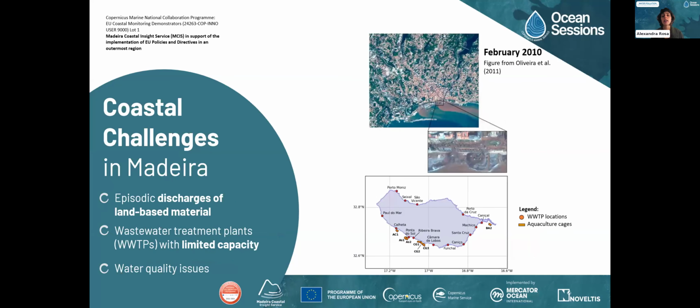This is particularly relevant during intense or extreme precipitation events, such as the one that occurred in February of 2010, when extreme precipitation reached the island, leading to landslides in the high parts of the island, and then downstream to flash floods, which formed a coastal brown plume in the coastal area. A lot of human loss occurred and several damages in the main city.